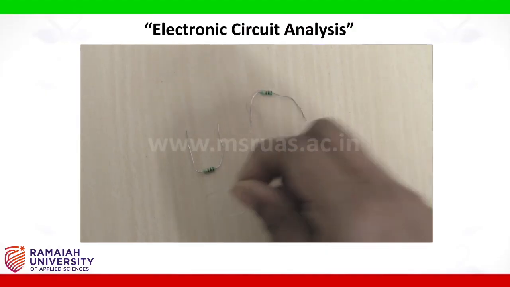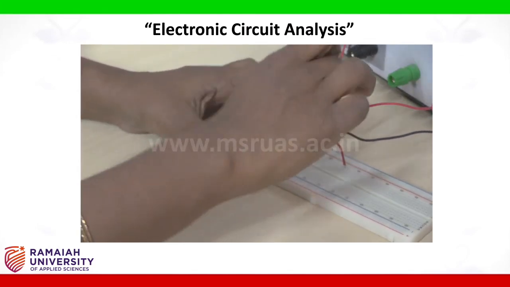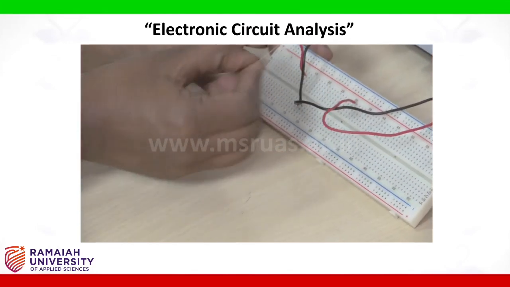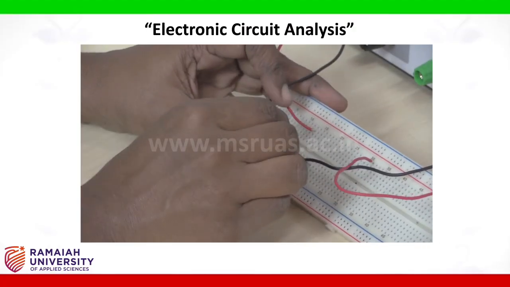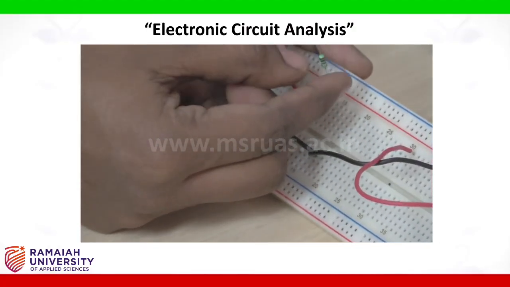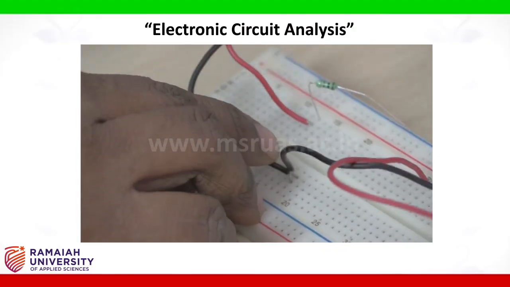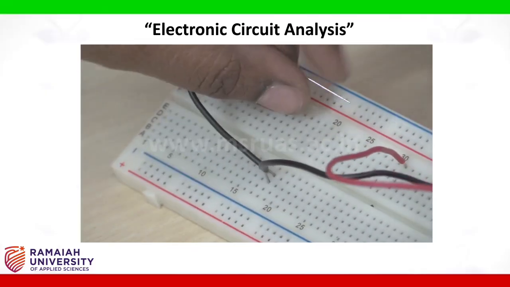Now take 1 kilo ohm resistor, connect it from plus of first source to a position somewhere here.